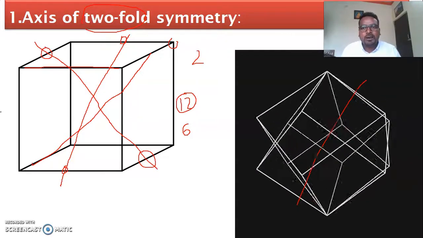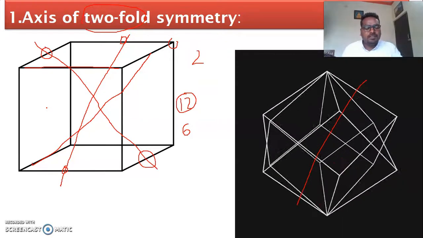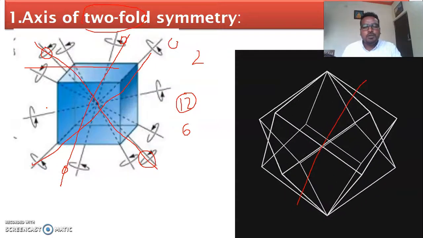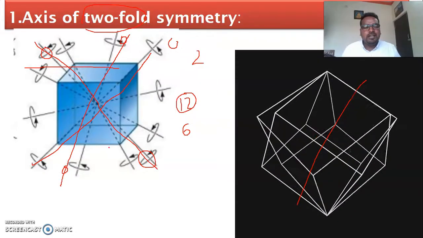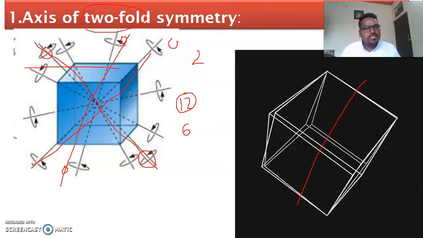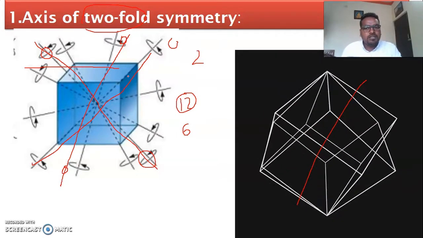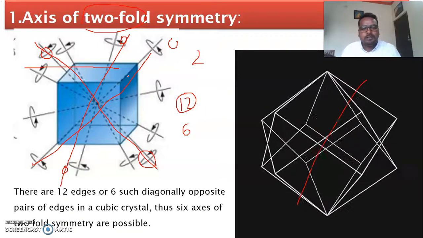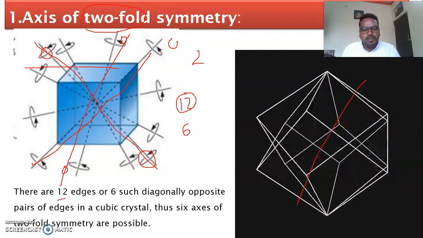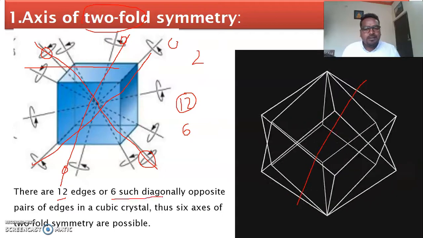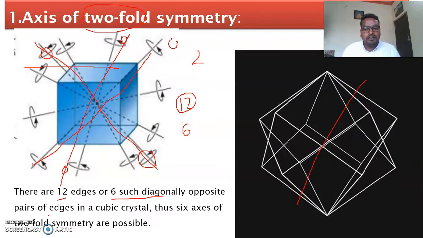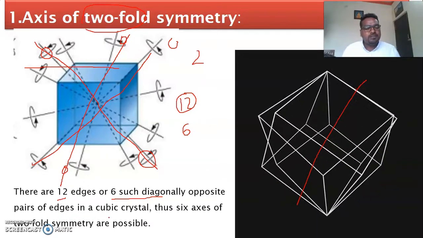That's why it is called twofold axis of symmetry. In a unit cell there are 12 edges, so six such different axes are possible. So in a cubic crystal there are 12 edges and six diagonally opposite pairs of edges.